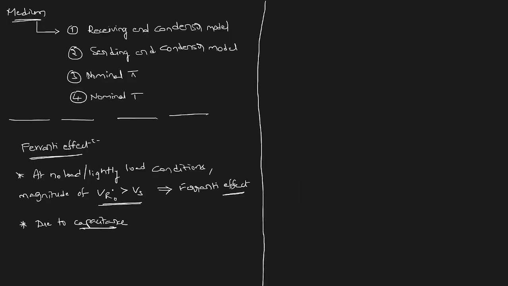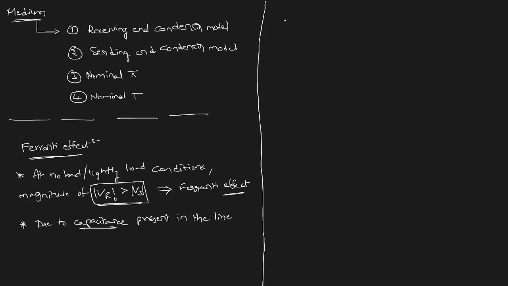Fine. So this effect is due to the capacitance present in the line. The main condition is that during light load or no load conditions, the magnitude of VR naught, I mean the receiving end voltage, will be greater than the magnitude of the sending end voltage. This is called the Ferranti effect, and this is the most important effect for analyzing the next methods.